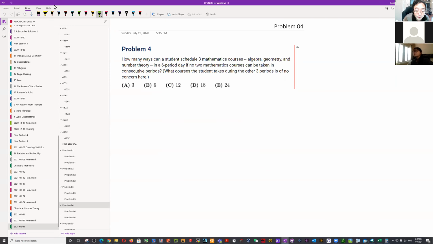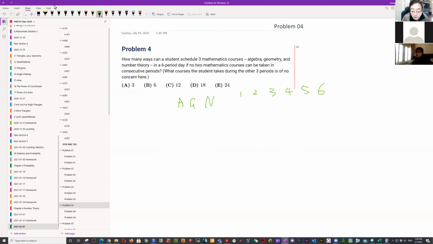So basically, if you begin to label, one is algebra, one is geometry, one is number theory, and also the other courses, then you have 1, 2, 3, 4, 5, 6.